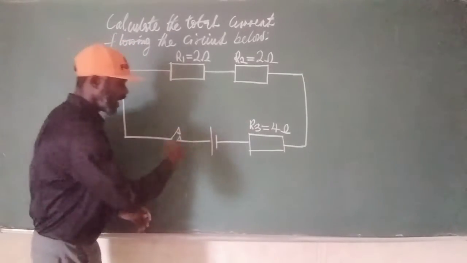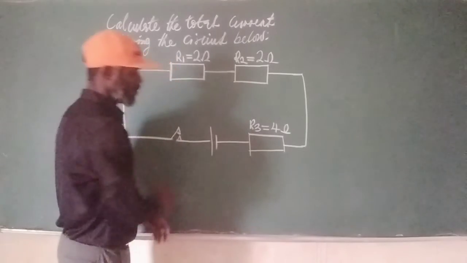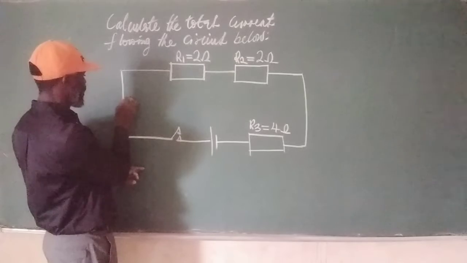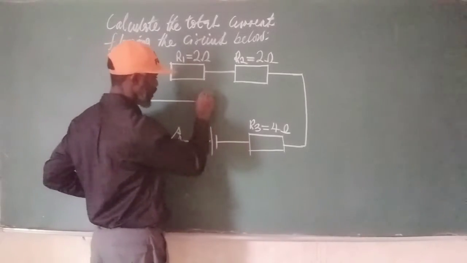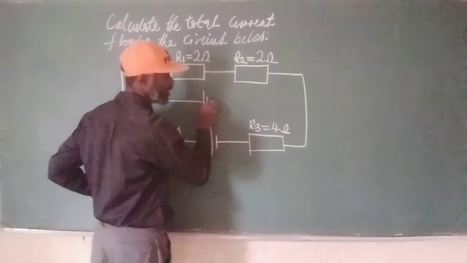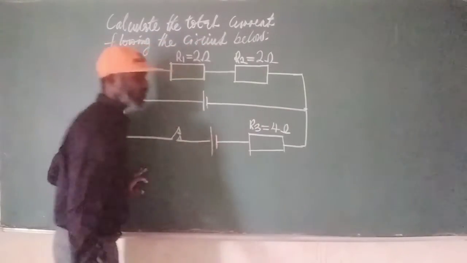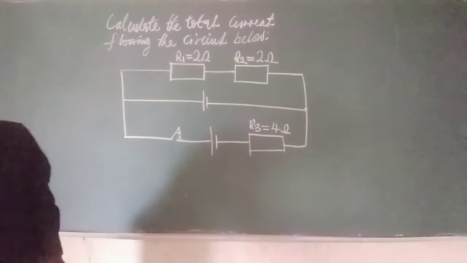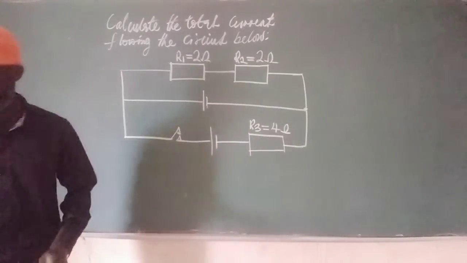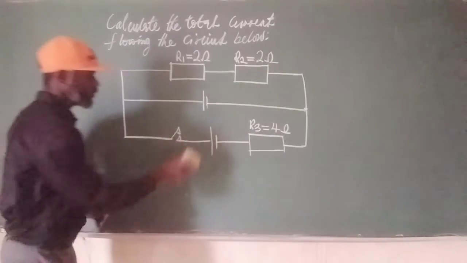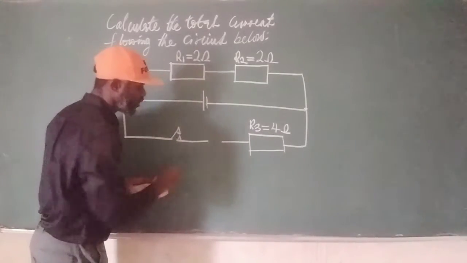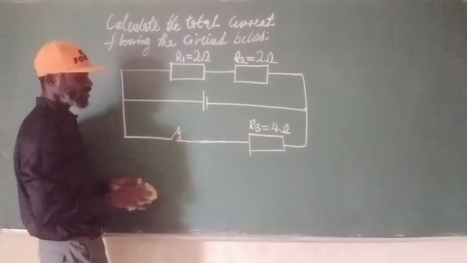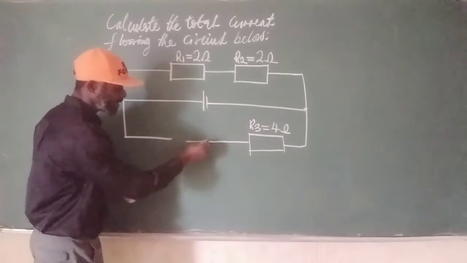Okay, this is not the way the diagram is. I'm redrawing the diagram. This is the confusion they want you to figure out. There shouldn't be any switch here because this is a direct connection.